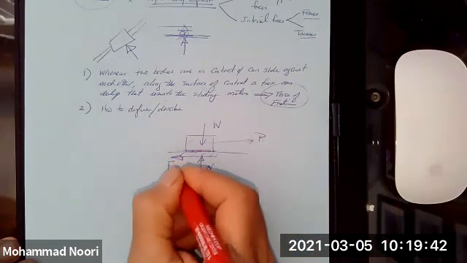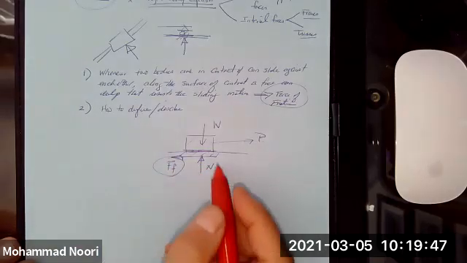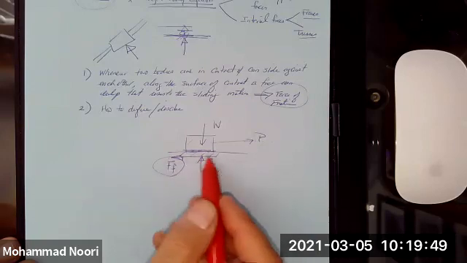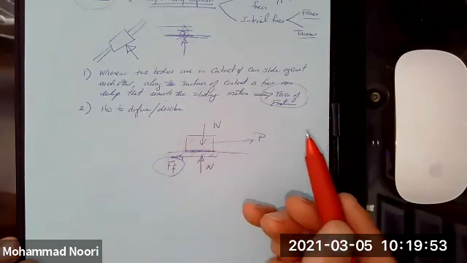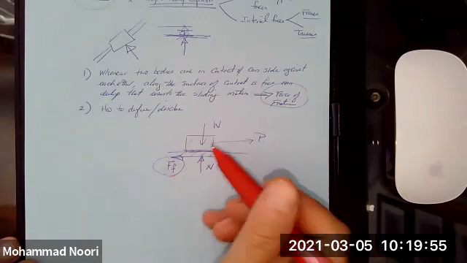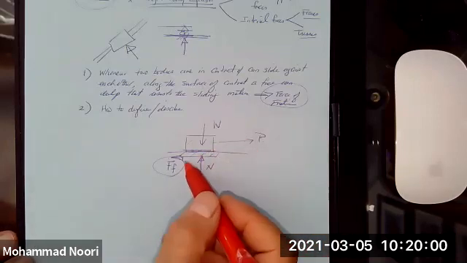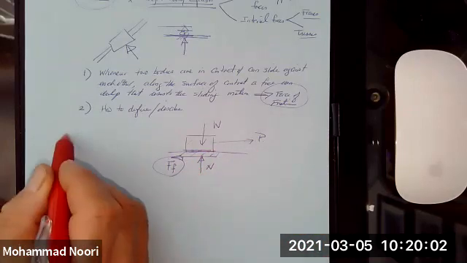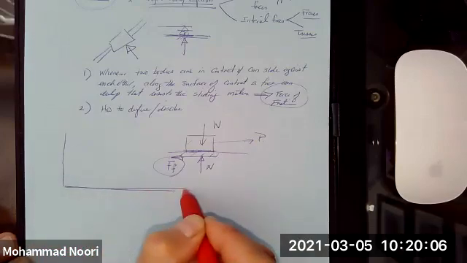And that's what we call force of friction. It is not as simple as this. It is not a single force, and it is actually a very complicated force, but we assume that the value of this force varies like this.